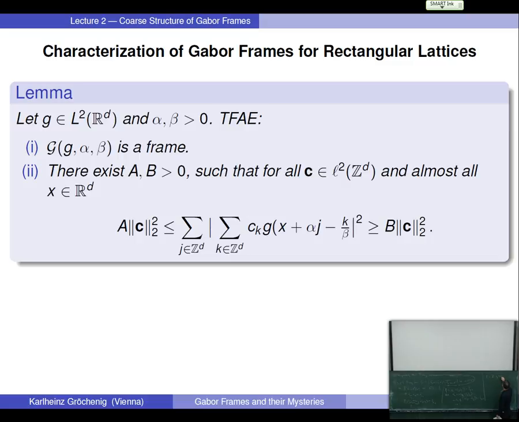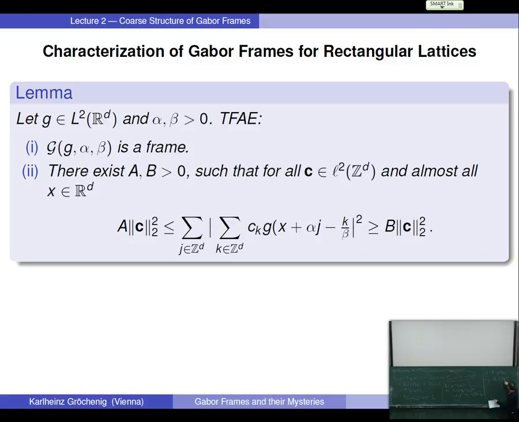And if you have f equal to the sum of a_μ π(μ)g, then as with an orthonormal basis, you can write a_ν as the inner product of f with π(ν)gamma. So first of all, the biorthogonality guarantees that coefficients are uniquely determined. Simply take the inner product with the biorthogonal system.